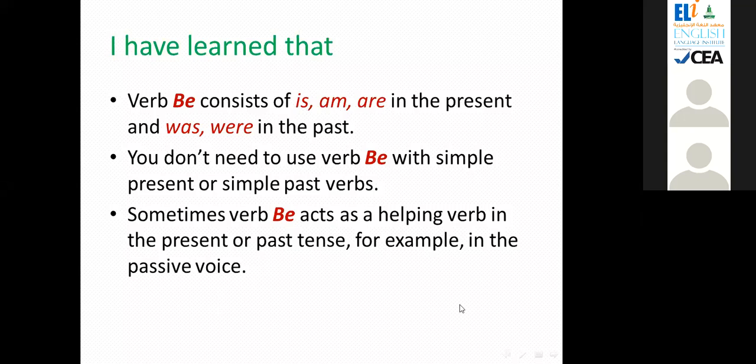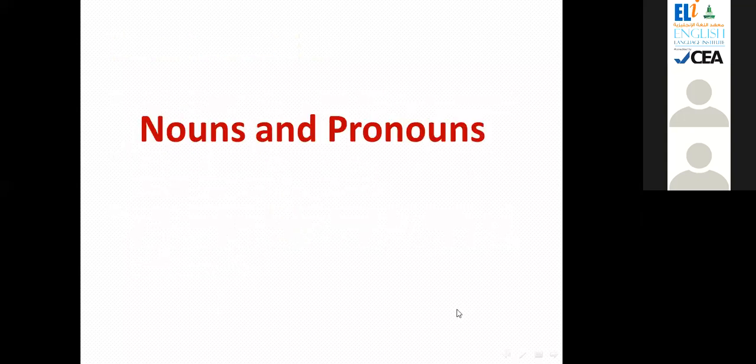Let's move to the second grammar topic, nouns and pronouns. Can you give me examples of nouns? Okay, always names, our names, things.